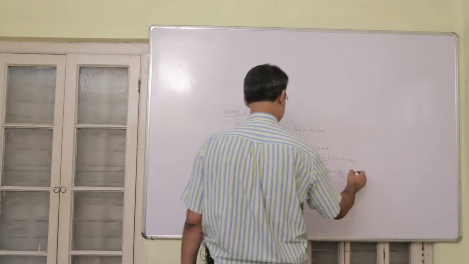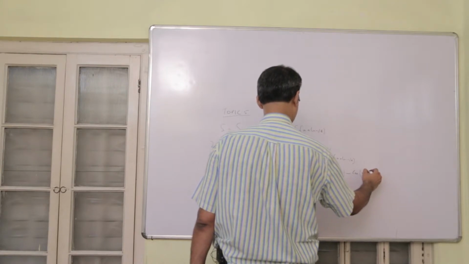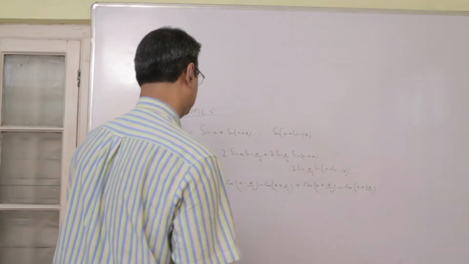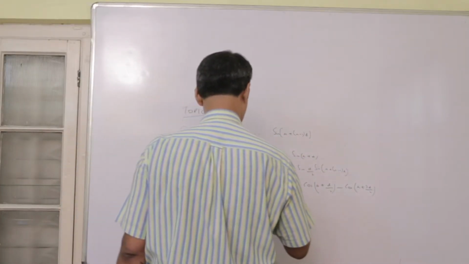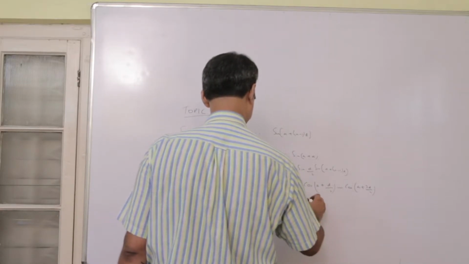Then cos a plus half d minus cos a plus 3d by 2, and this will continue till we reach the last term.